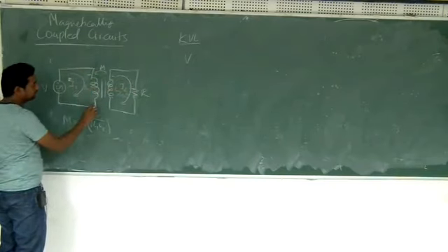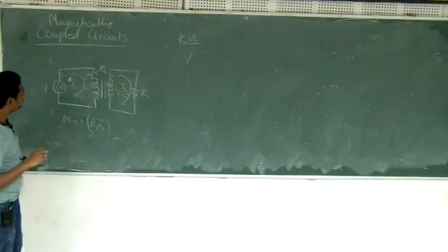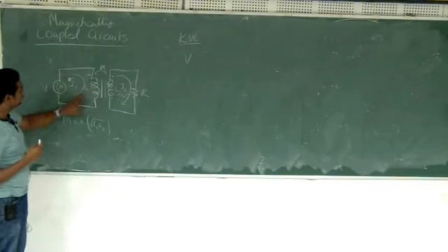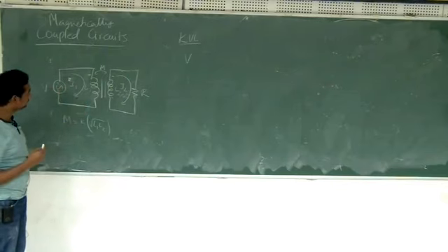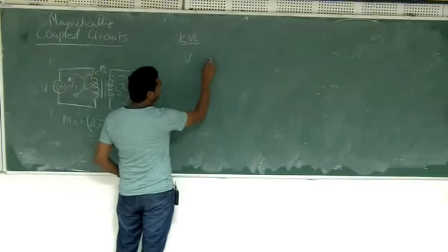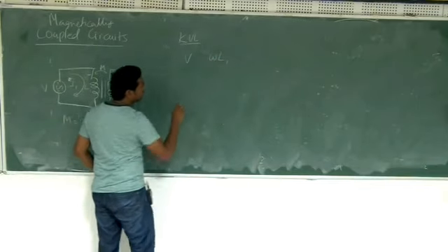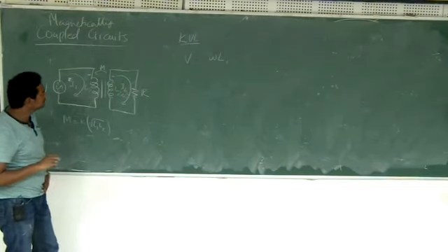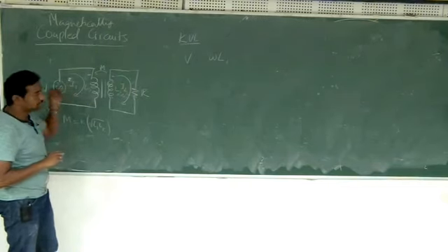From here to here, there will be an EMF induced in the inductor. That will be omega L1, which is the reactance, because of the current I1.